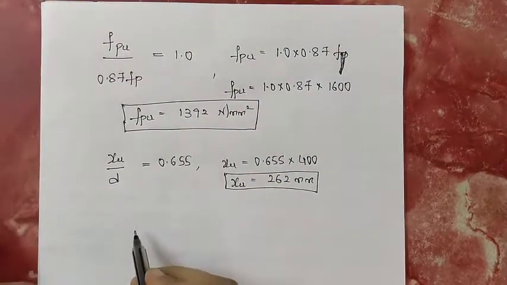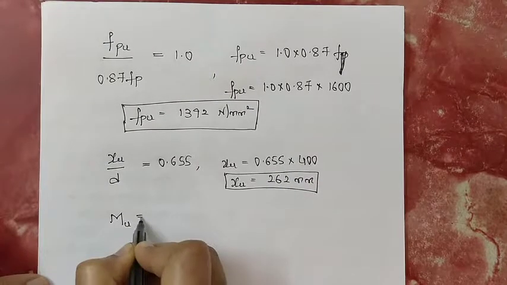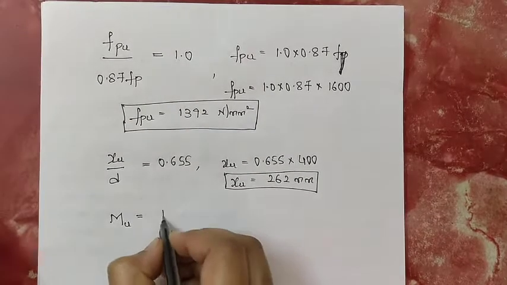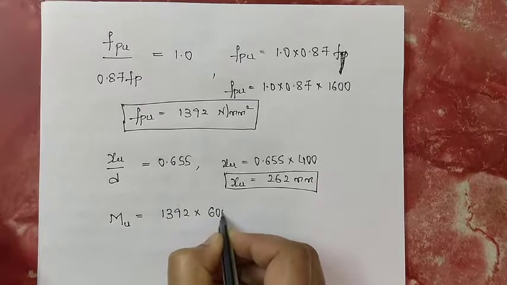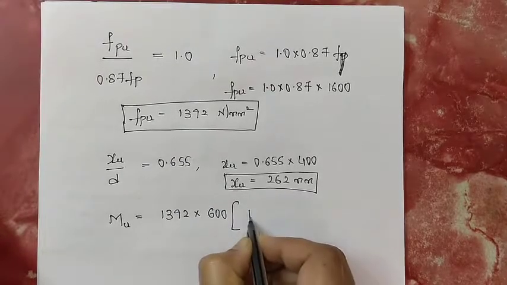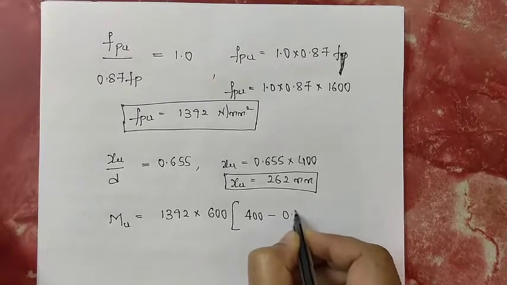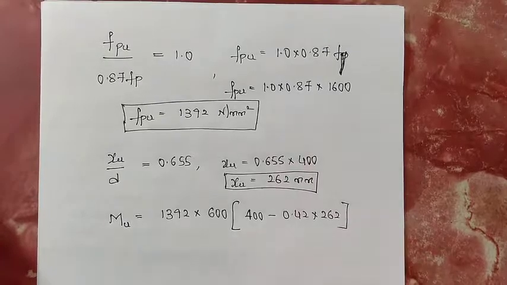Then substitute the FPU as well as XU values in the Mu equation. Mu equals FPU, that is 1392, into AP value 600, into D value 400 minus 0.42 into XU value 262.